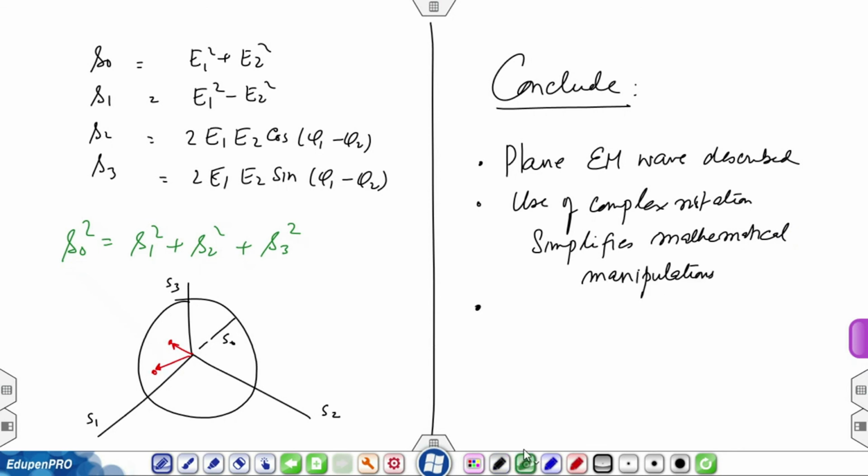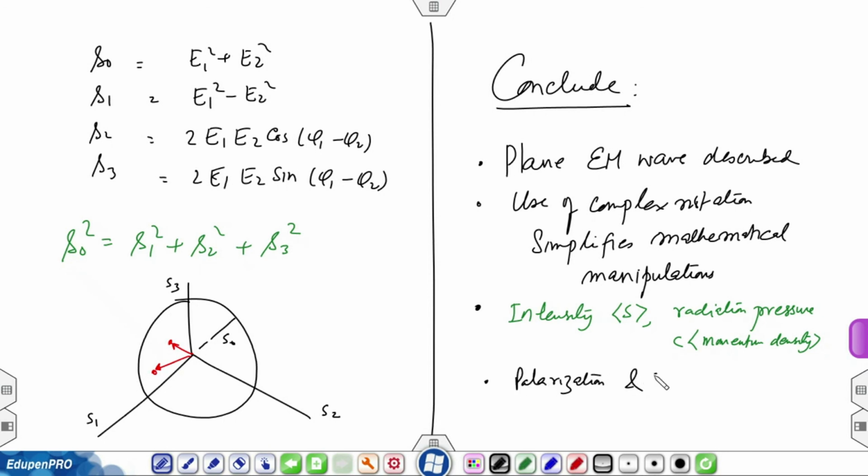Then we talked about the intensity, which is related to S, and radiation pressure, which is related to momentum density times c, and finally, polarization and Stokes parameters. Thank you.